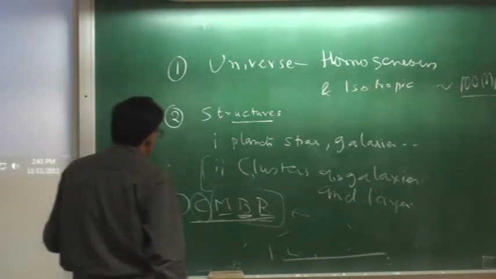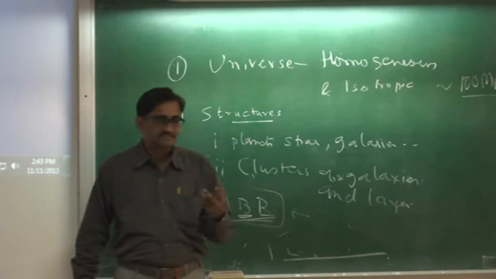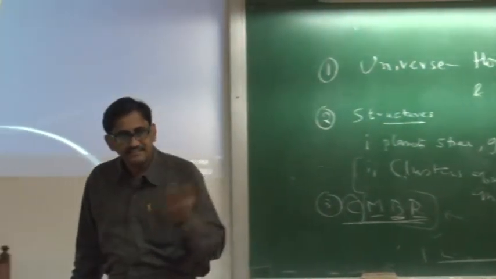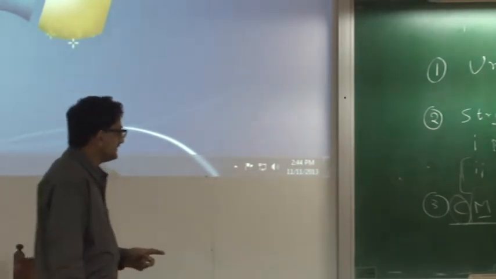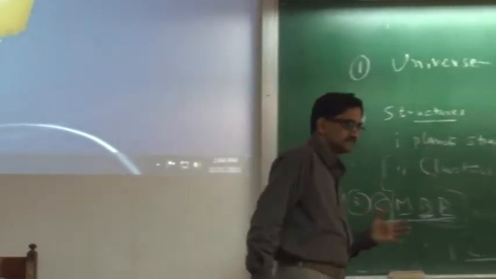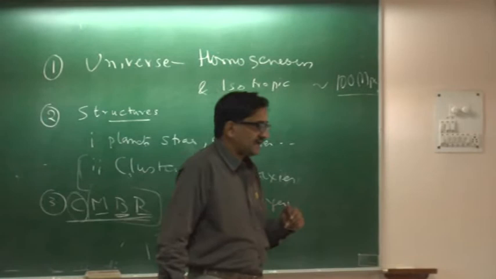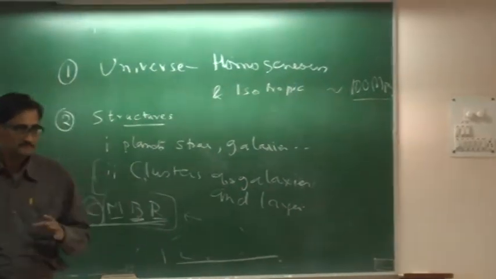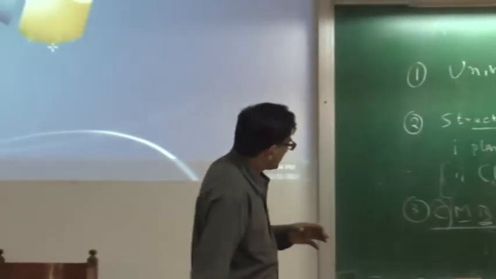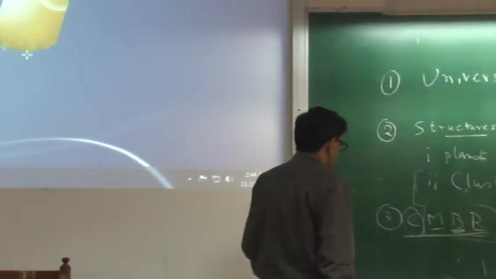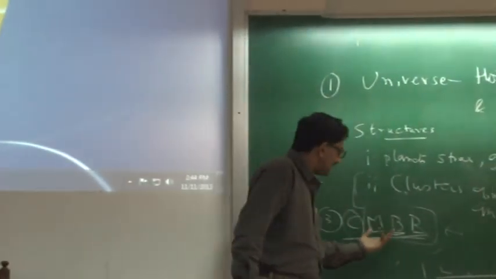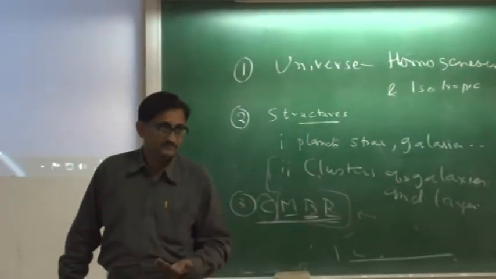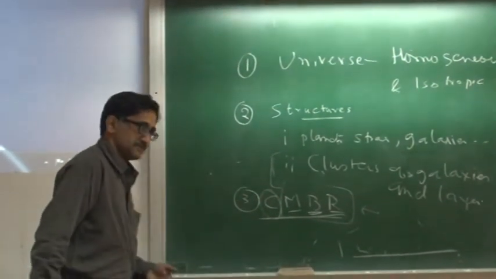Now, any radiation has three characteristics. One is its directional dependence, which is the anisotropy. The other is polarization. And the third is the spectrum. Now, CMB physics deals with all three of those. It so happens that for anisotropy, there has been a lot of progress in terms of observation.